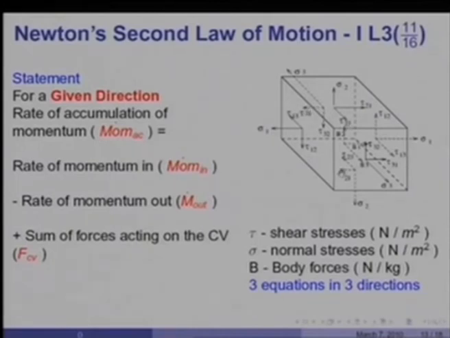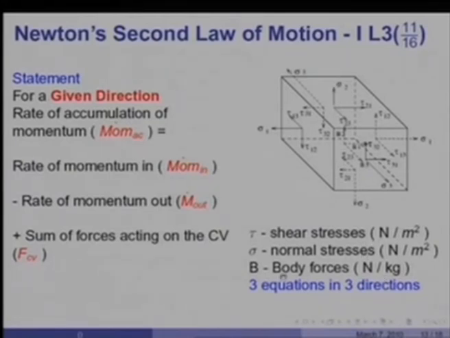The difference in these stresses provide the shear on the control volume. Sigma is the normal stress. It is tensile and therefore points outwards from all surfaces, sigma 1 here, sigma 2 here, and sigma 3 on the back, and likewise sigma 1 here, sigma 3 here, and sigma 2 there at the other surfaces.